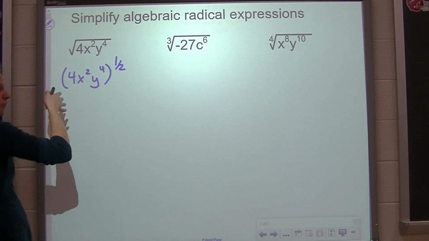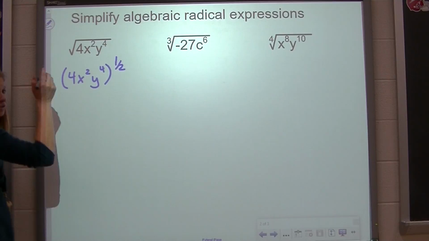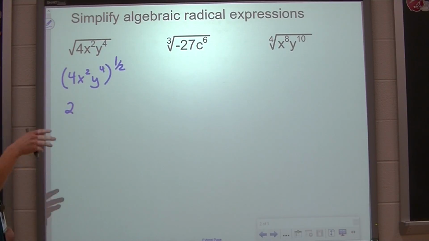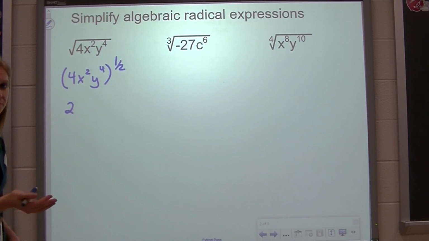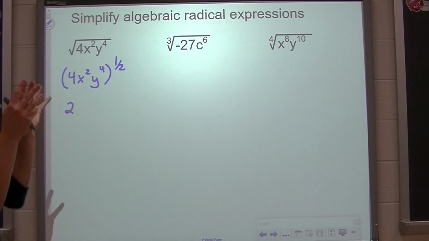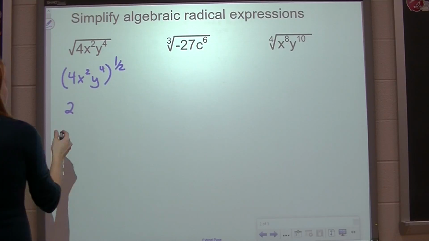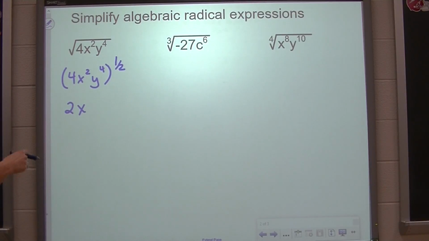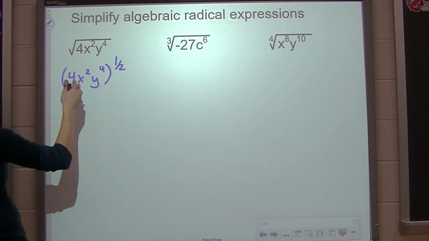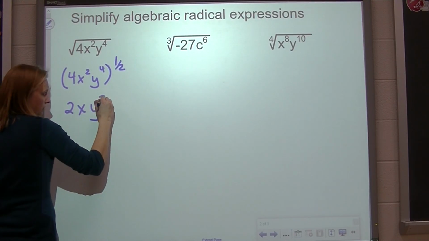So I could do 4 to the 1/2 power, which is 2. I could do x squared to the 1/2 power. Remember our properties of exponents, when we have an exponent raised to an exponent, we just multiply. So 2 times 1/2 is just x. And then y to the 4th, same thing, y to the 4th to the 1/2 is 4 times 1/2, which is 2, which is y squared.